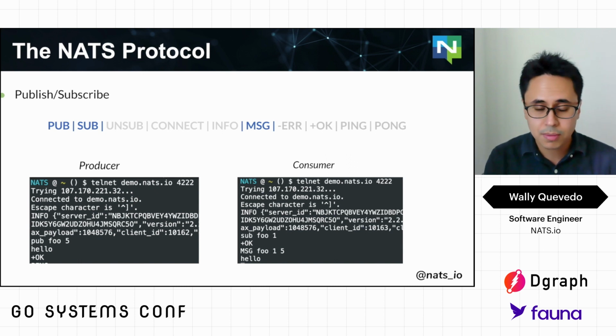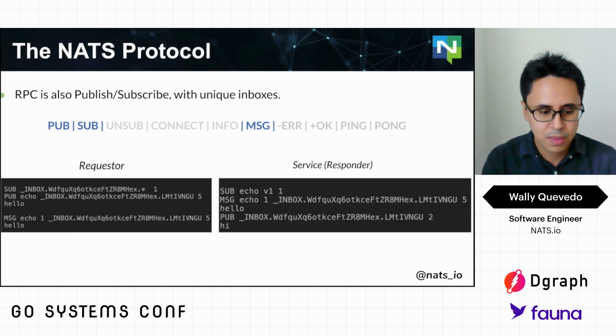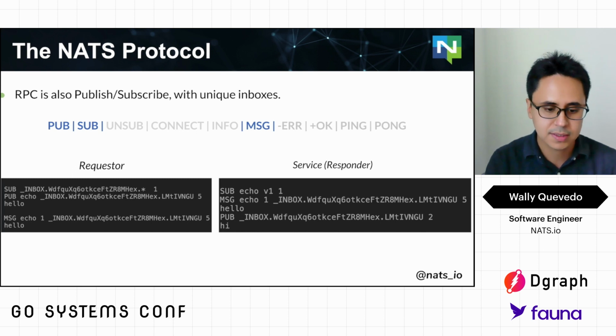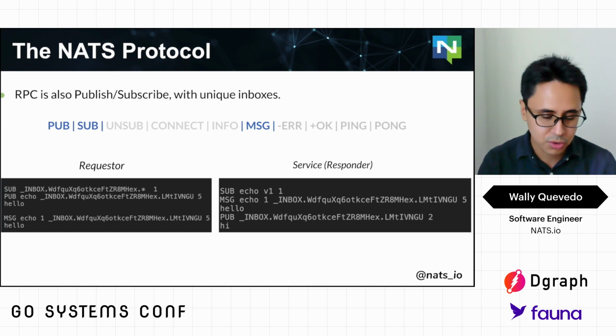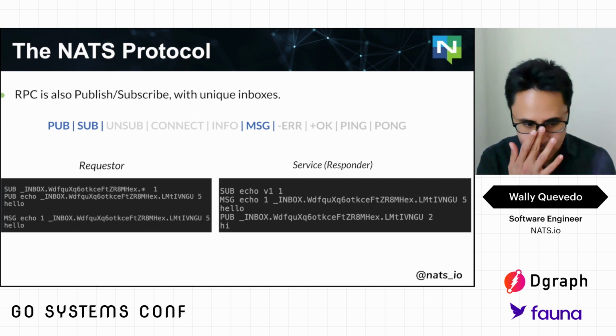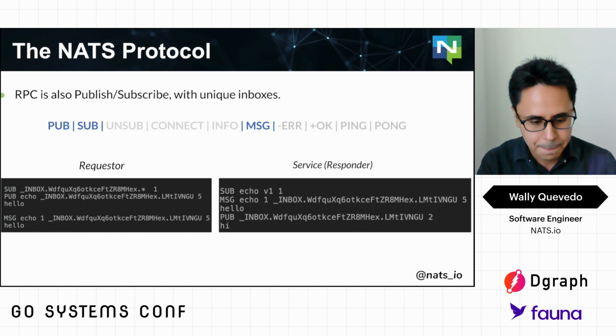Because it's a pure publish-subscribe system, the publish, subscribe and message commands are the core building blocks to be able to have RPC interactions as well. A requester is just a unique subscription on a subject, and then we expect to have something like a service, for example, subscribing on echo.